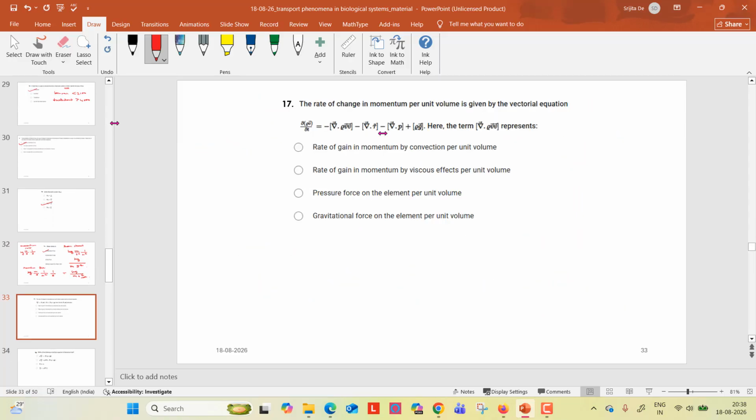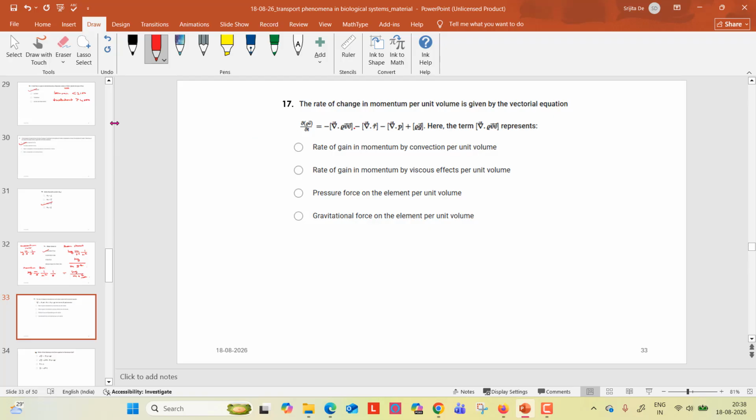Next. The rate of change in momentum per unit volume is given by the vectorial equation. So what is the term? So I have said you the first term is about the local acceleration. Second term is about the rate of gain in momentum by convection.